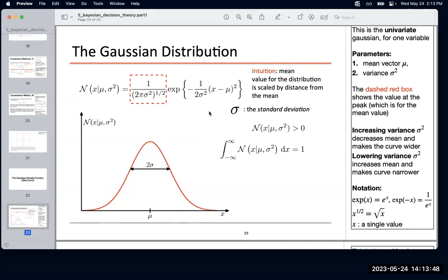This function, as any probability function, would obviously respect the constraints of any probability function, because this is a continuous function. So now we are talking about a probability density function.